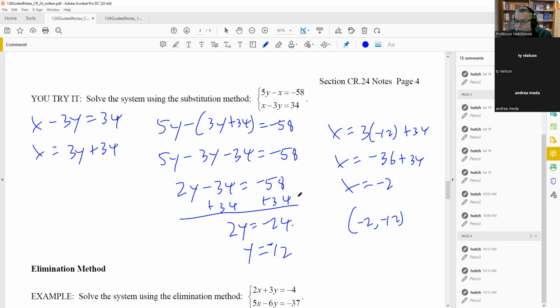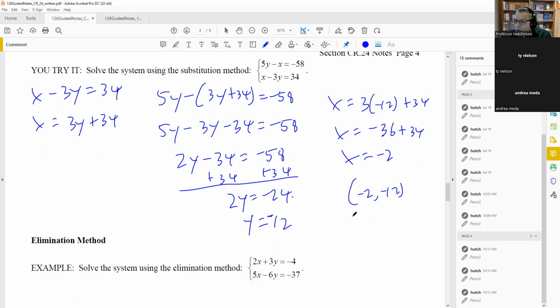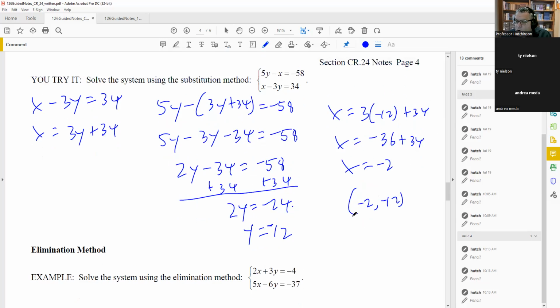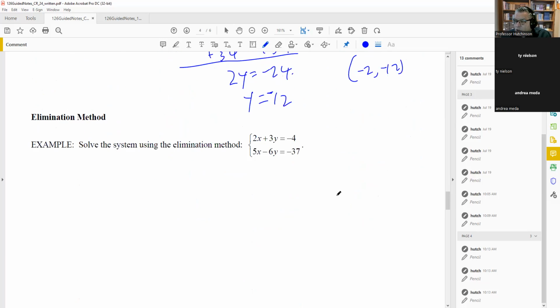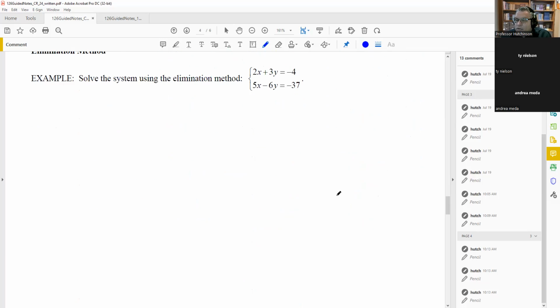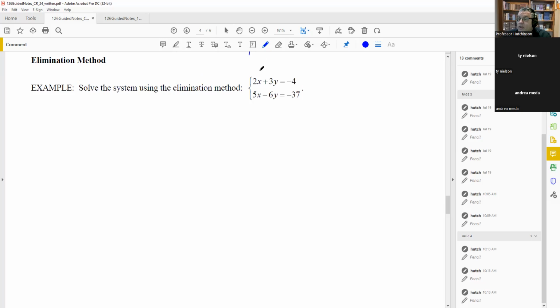Okay, so moving on here, we're going to go to the elimination method. Elimination is a good method to use if you don't have a single x or a single y term. In this case, we don't have any x's or y's that are by themselves, so we can use the elimination method.